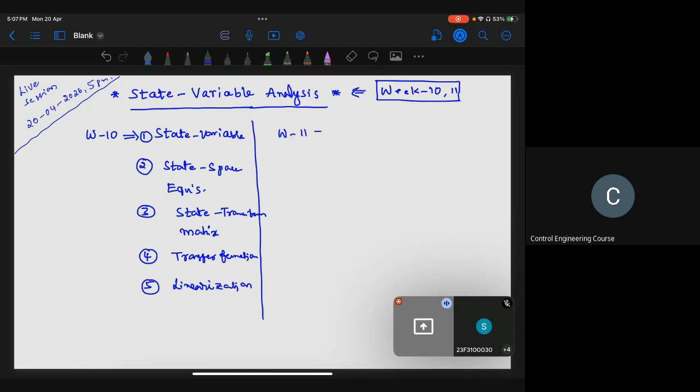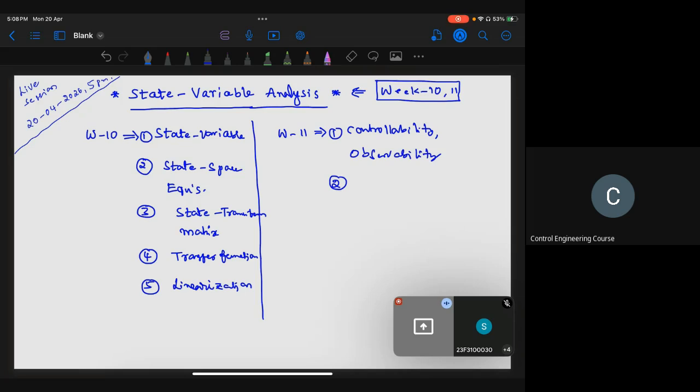Since week 11 is also part of this state variable analysis, it is good to know these topics also. Week 11 discusses controllability and observability.